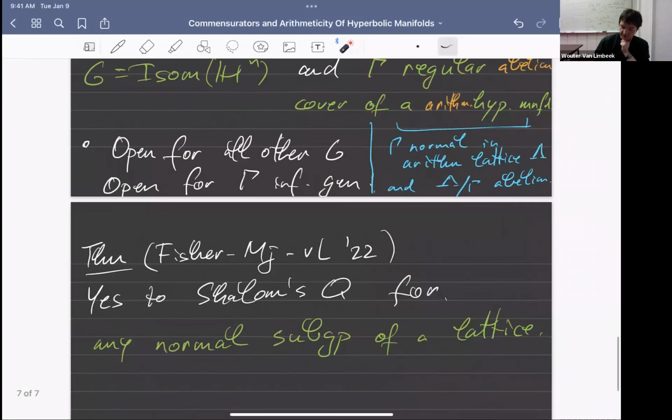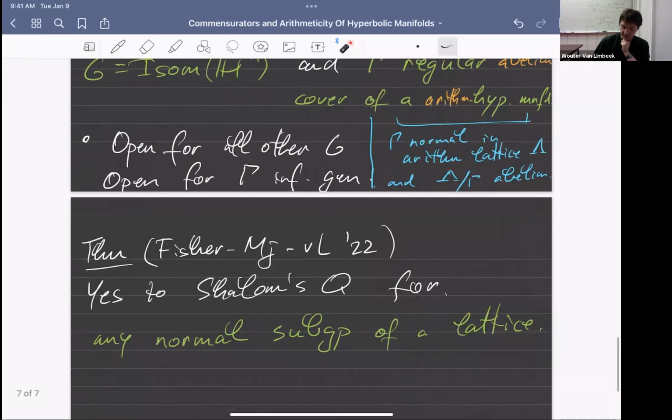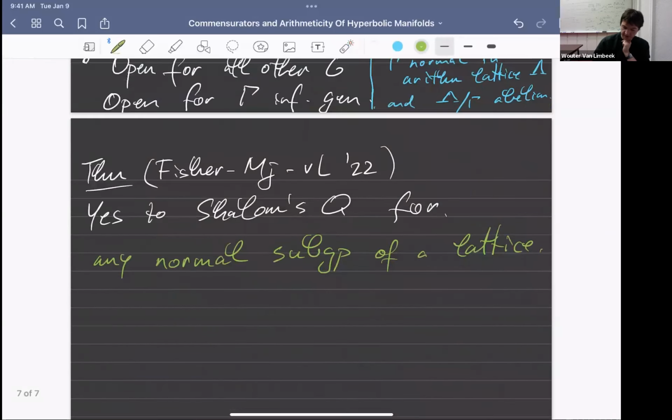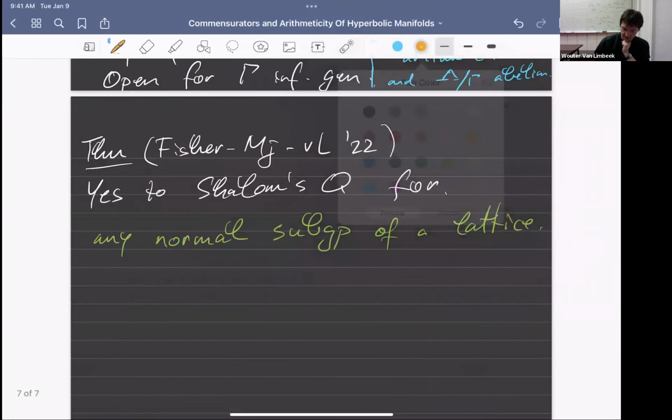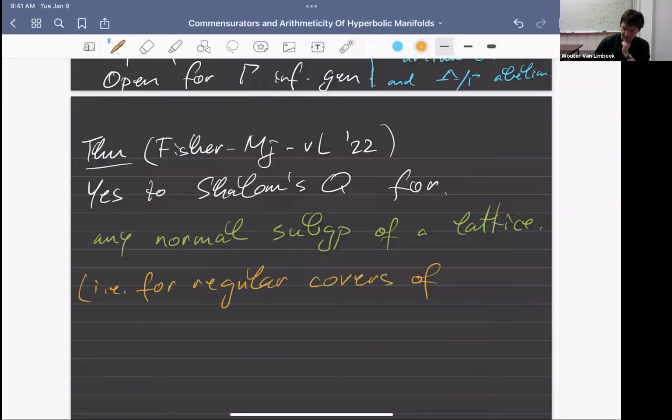So we remove these two conditions. If you want, this is for regular covers of finite volume manifolds.